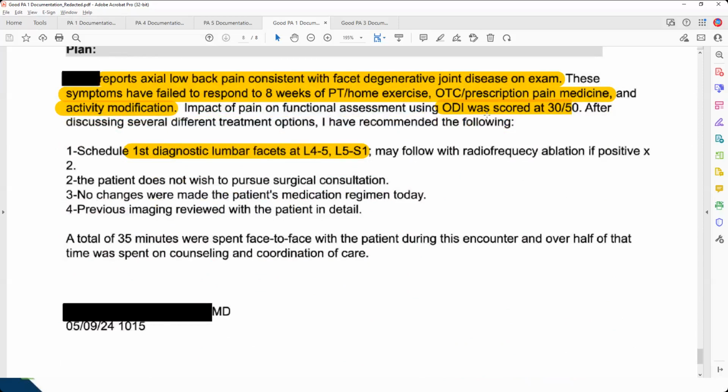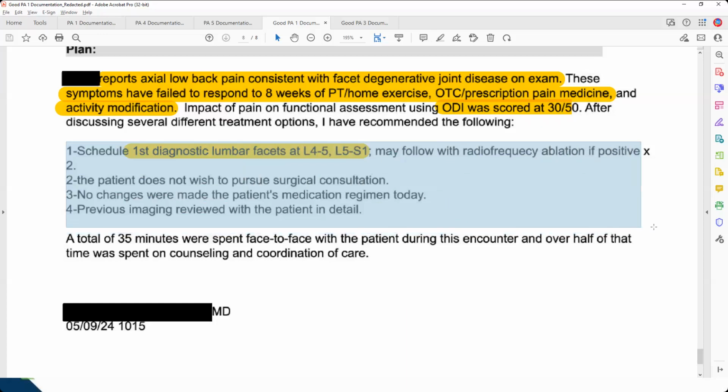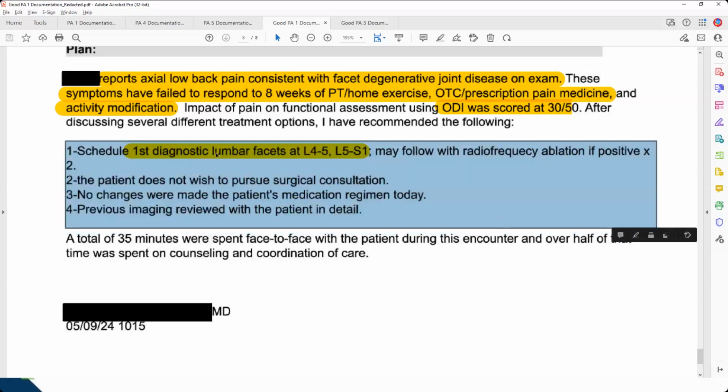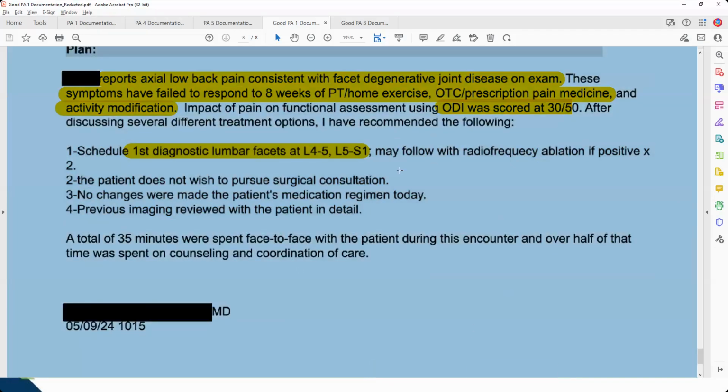They give us the ODI score for her disability, and they discussed options, and then they give us a whole plan of what they're planning on doing. First diagnostic lumbar facets at what levels, and that they plan to follow with the RFA if they have positive results from the diagnostic.